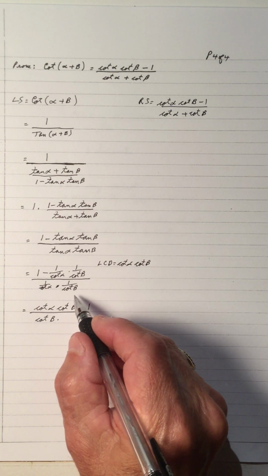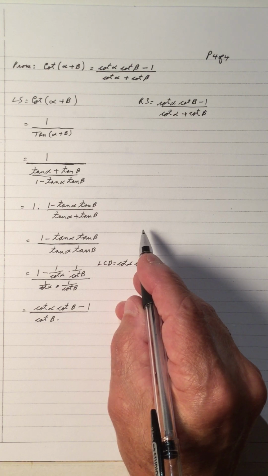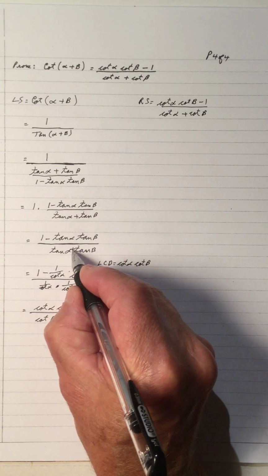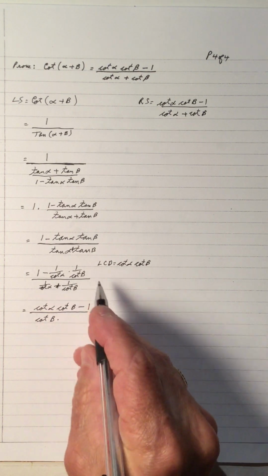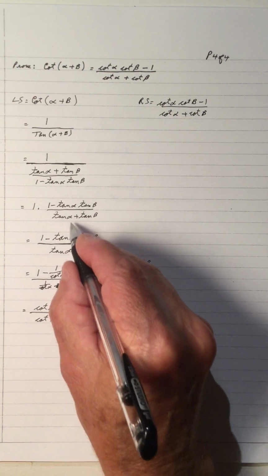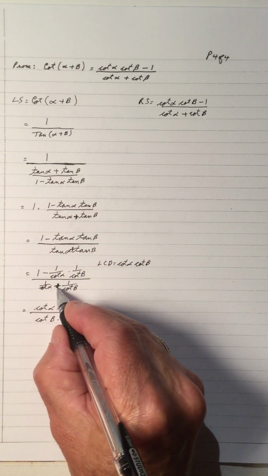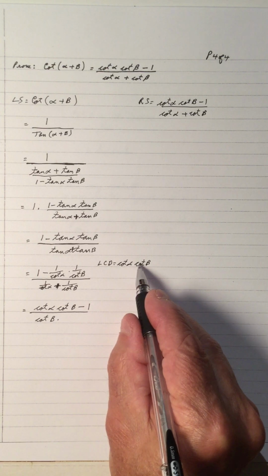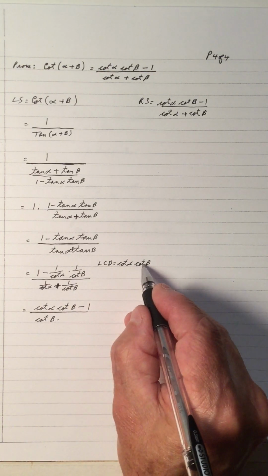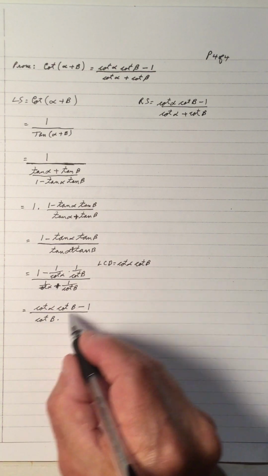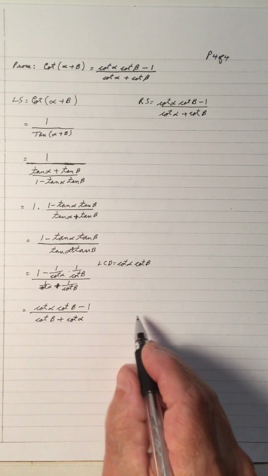Let's see, there's a plus there. I made an error. When I transferred it, I didn't see that plus. There's a plus there. So I multiply cot alpha, cot beta by this, I get cot beta. When I multiply cot alpha, cot beta by the other, cot beta cancels out, and I get cot alpha.